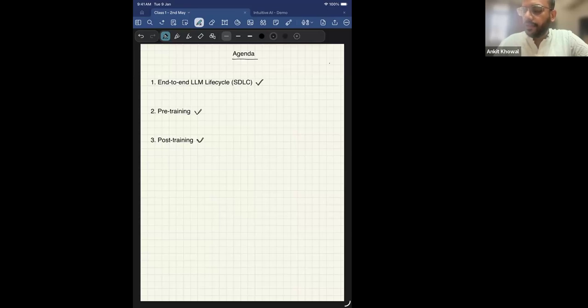That is called the LLM life cycle, and we'll look at what the training phase looks like, from a life cycle perspective, not from an architectural perspective. Last class we already looked at the architecture of the large language models.